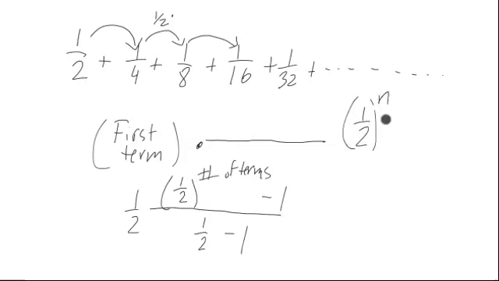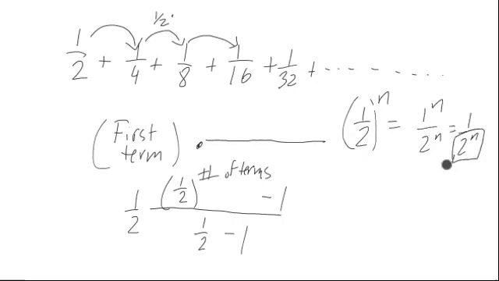Well, let's kind of look at this for a minute. We can distribute the power of n, or the exponent, across the division. So that'll look like 1 over 2 to the n. Now think about that. We're taking 1 and dividing it up into 2 to the n pieces. How big is each piece?